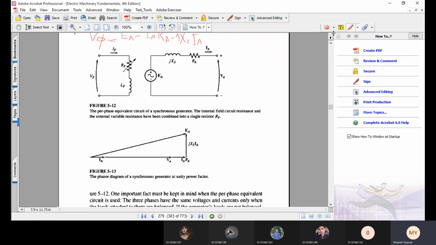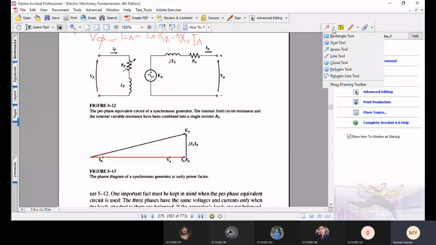You can clearly notice in the figure that this is IA along the positive x-axis and V phi is also along the positive x-axis. Now the vector IA RA is just a scalar multiple of vector IA, so it will also be along the positive x-axis. So this is IA RA.